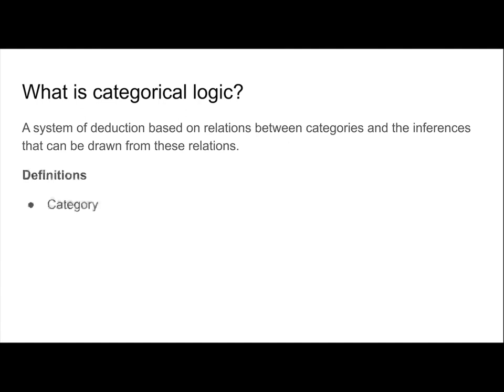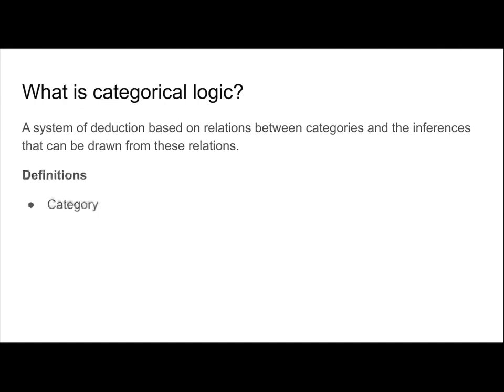First, category. The term category refers to a set or a collection of items with specific traits. So here's an example: mammal. The category mammal includes in it all of those things that have the specific traits that make an animal a mammal as opposed to something else, right?